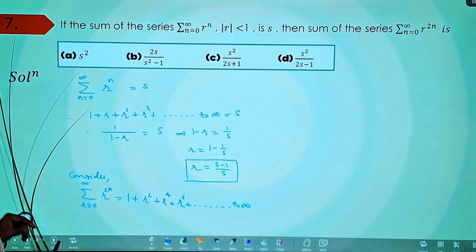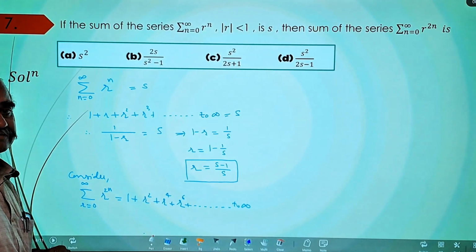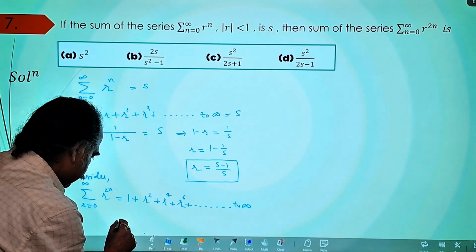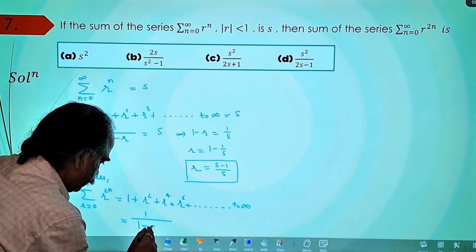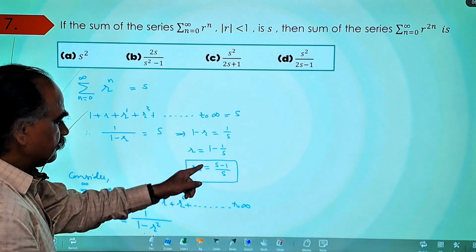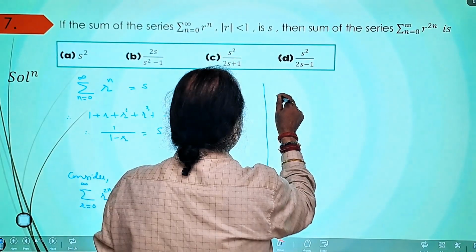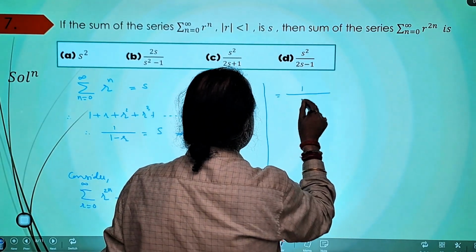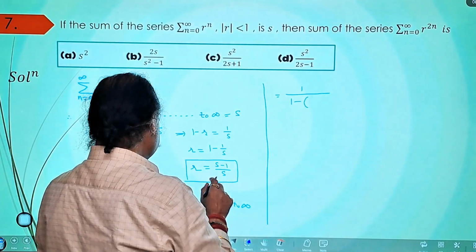This is the sum of infinite GP with first term 1 and common ratio r square. So this will give you a upon 1 minus r square, and the value of r we got, this is equal to 1 upon 1 minus r square replaced by S minus 1 upon S whole square.